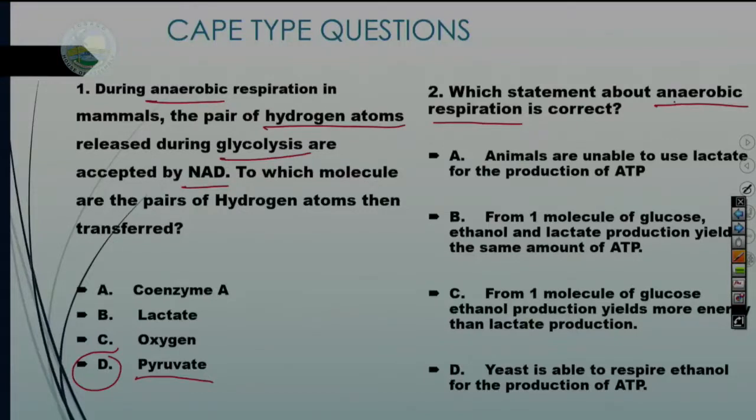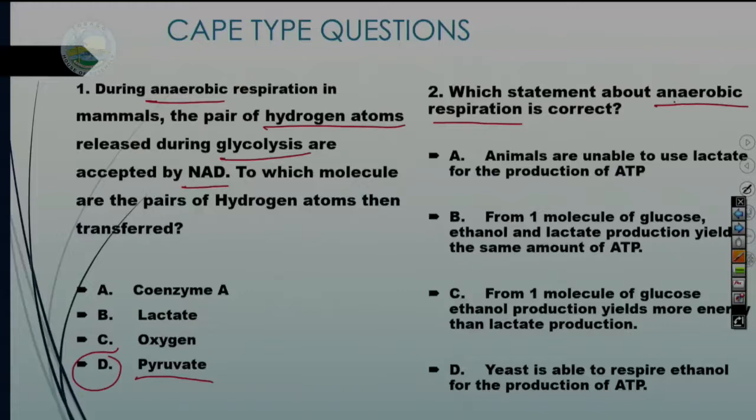Which statement about anaerobic respiration is correct? A, animals are unable to use lactate for the production of ATP. B, from one molecule of glucose, ethanol and lactate production yield the same amount of ATP.